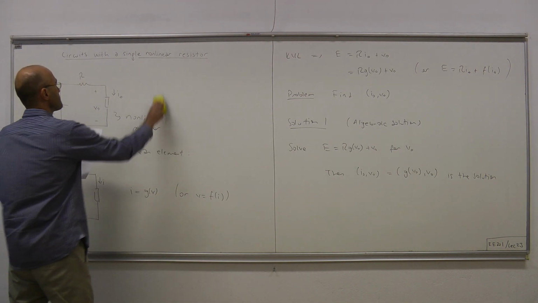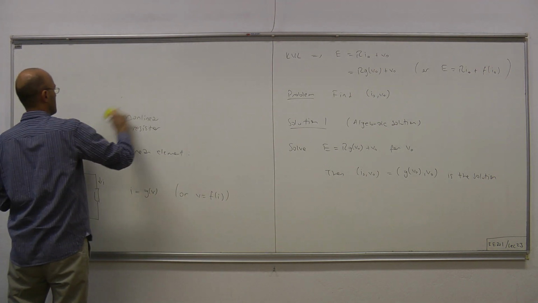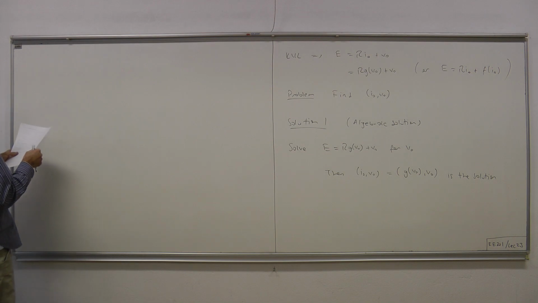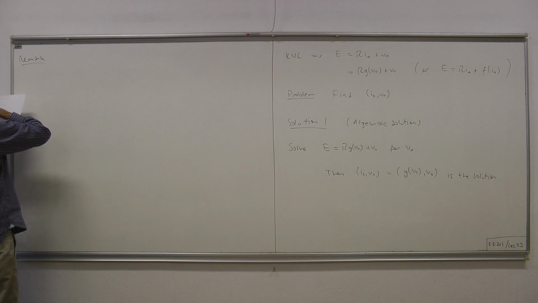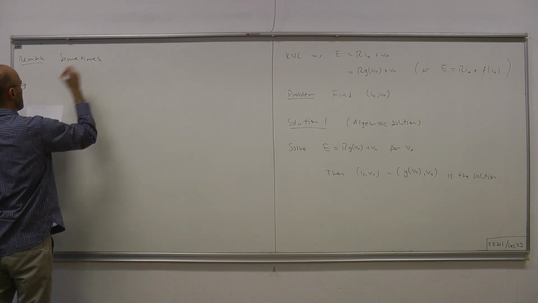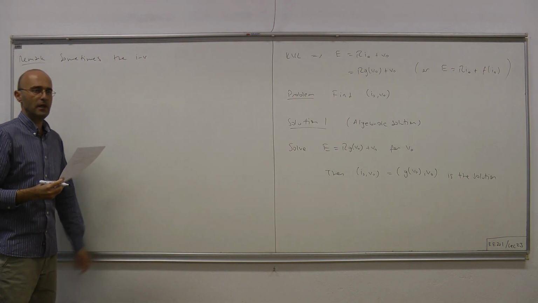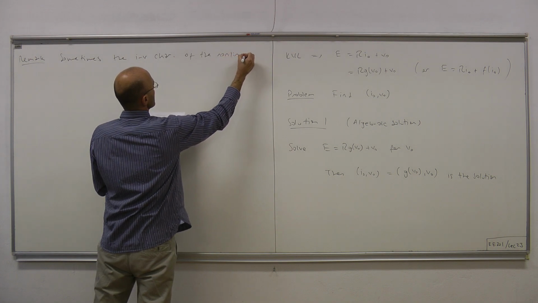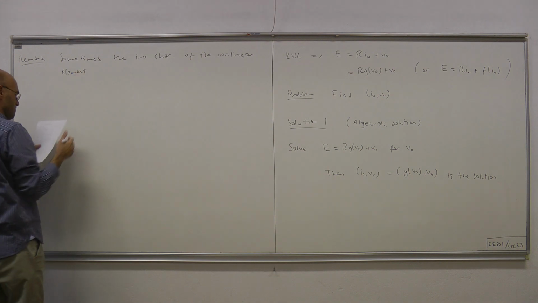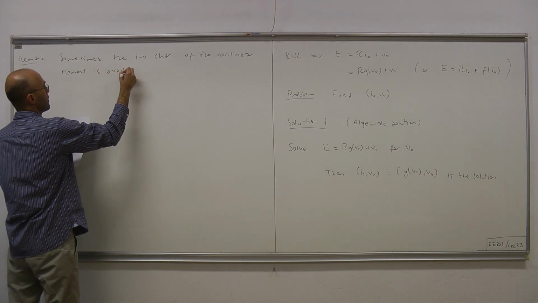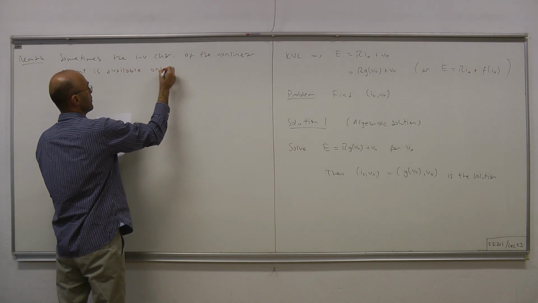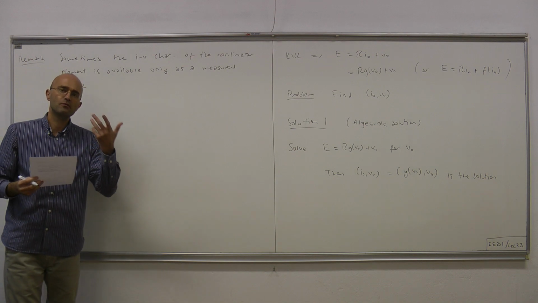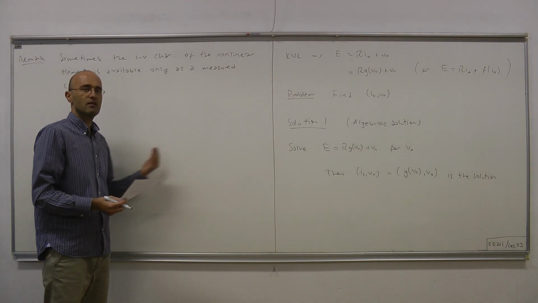What I mean is the following. Sometimes the current voltage relation of the nonlinear component is available only as a measured curve, which, for instance, you obtain in the lab by performing a voltage sweep.